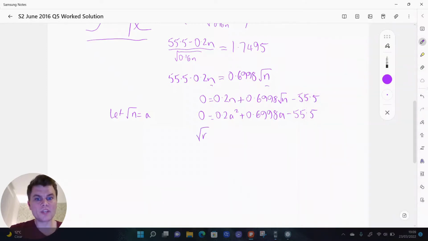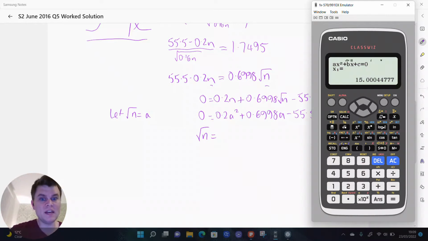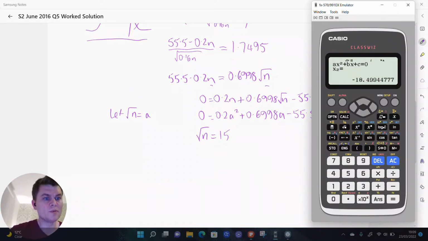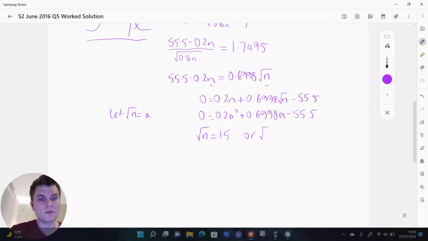So now I get root n to equal 15, it's a round number, or we get root n to equal minus 18.5. Okay, that second solution we can discard as it is not a real value.